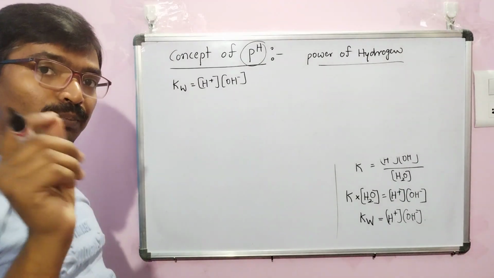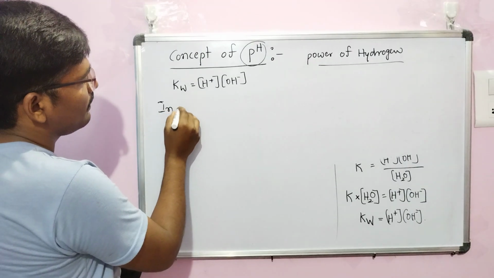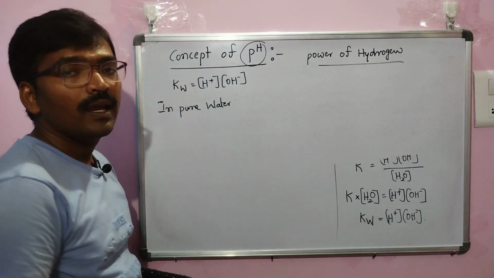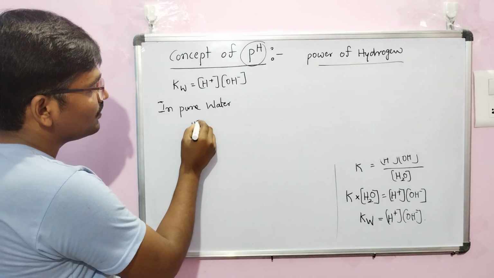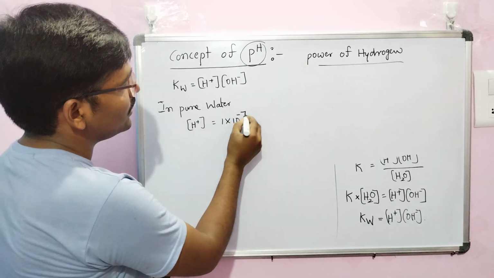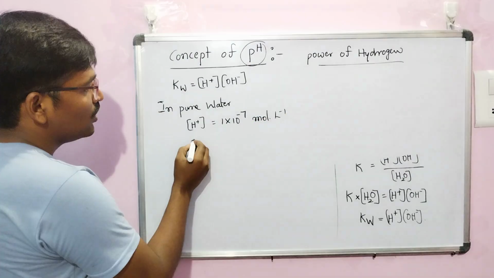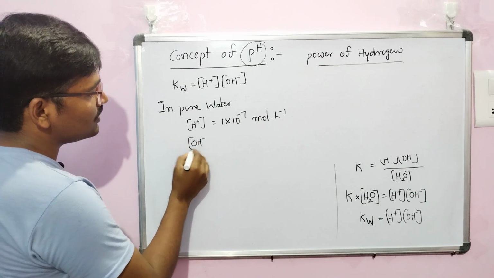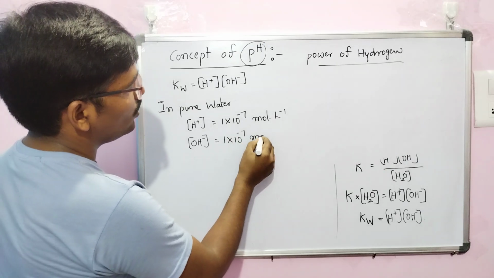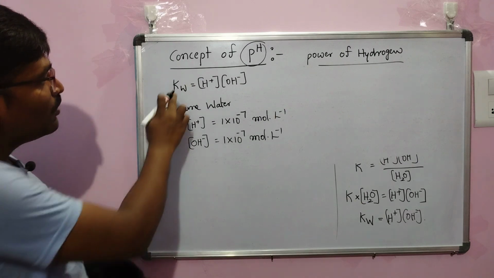So remember that in pure water, H plus ion concentration equals 1 into 10 to the power of minus 7 mole per liter, and OH minus ion concentration equals 1 into 10 to the power of minus 7 mole per liter.